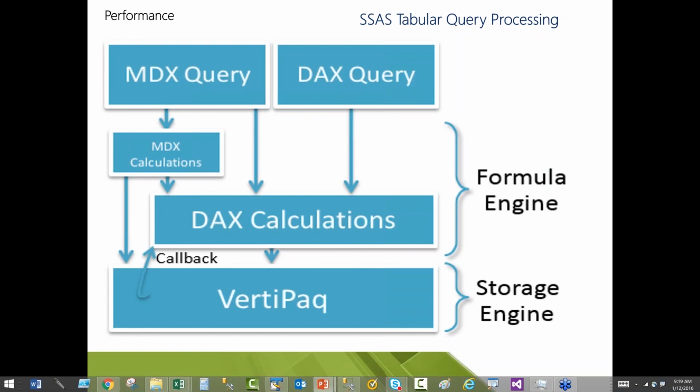MDX queries can reference MDX calculations, either in the session scope or in the with clause of the MDX query. The MDX calculations can also reference DAX calculations, but the reverse is not true. MDX queries can directly refer to DAX calculations embedded in the model, and an MDX statement can also define new DAX calculations on the session scope or in the with clause of the MDX query.